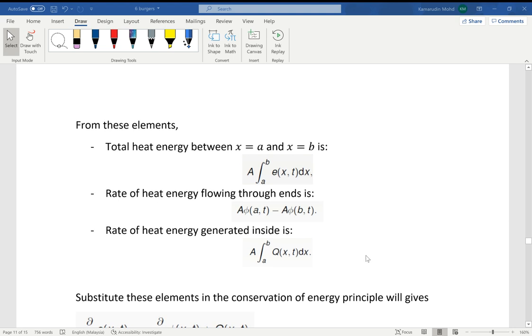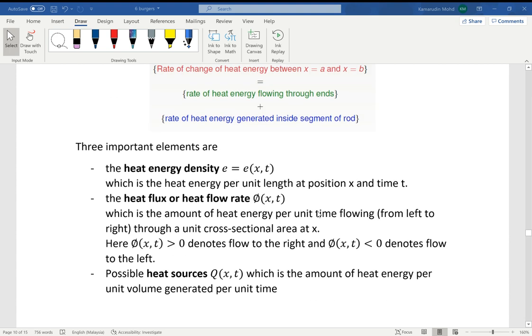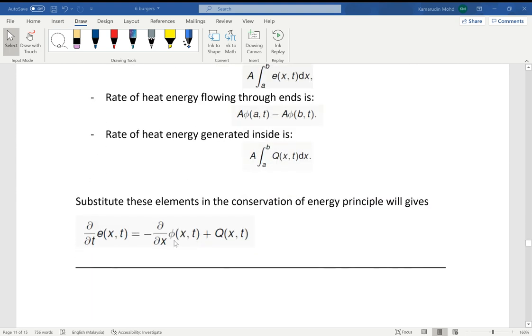This means that we will consider these three statements. On the left should be the rate of change of heat energy. So we have the total heat energy, and we take its rate of change. The second term is the heat flux. The last term is the heat energy generated. So we substitute these three terms, and finally we will obtain this equation.